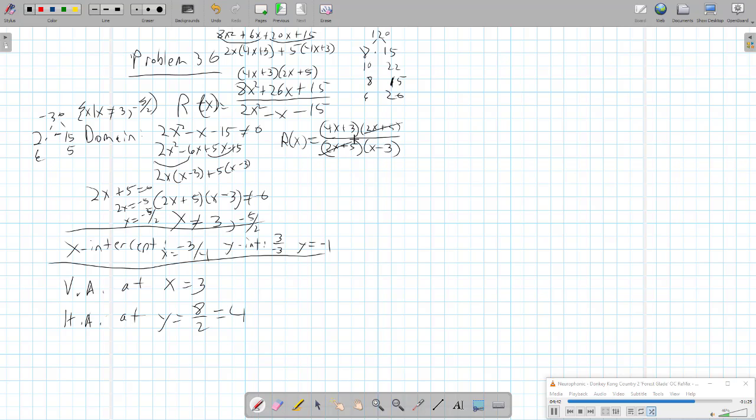You can also do it with the reduced version, 4 over 1. R of x equals 4x plus 3 over x minus 3. And I think we're ready to start graphing this thing.